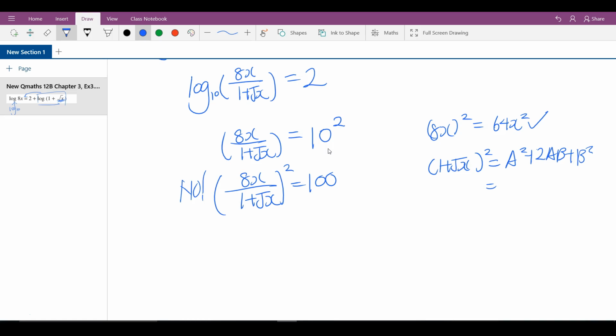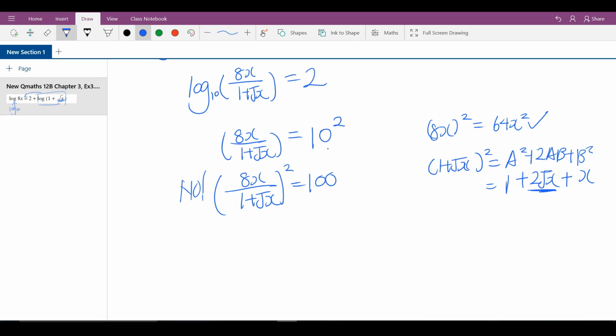So a squared is 1, plus 2ab is 2 times 1 times root x. We got a root x here. b squared is just x. We still got a root x here. It doesn't really help us at all.